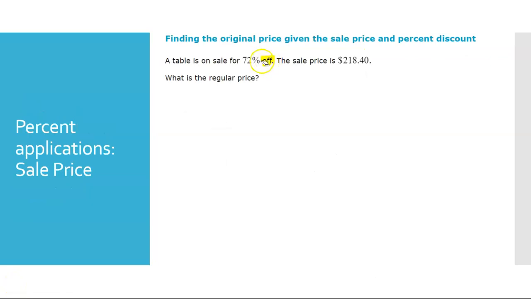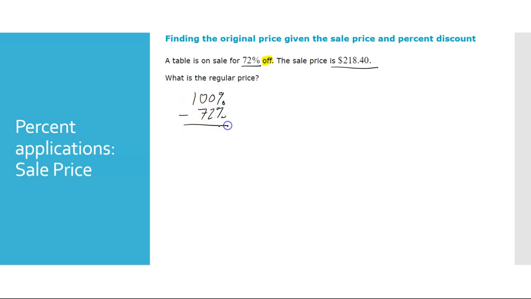Sale price. We're actually doing two of these because there's a world of difference between this word off and a word we're going to see on the next problem, which is of. This says a table's on sale for 72% off. The sale price is $218.40. So if this is on sale for 72% off, that means what percentage of the original price remains is going to be 100% less 72%.